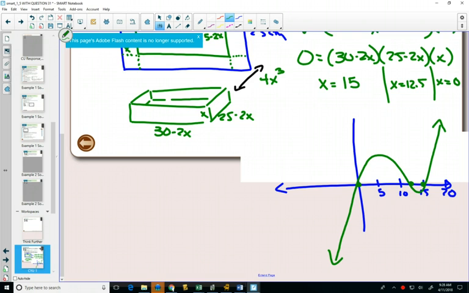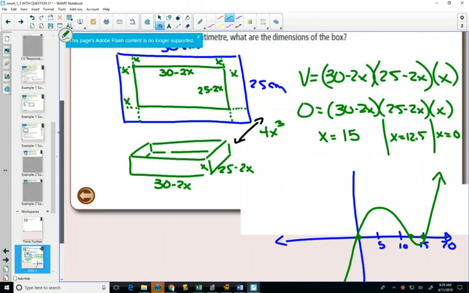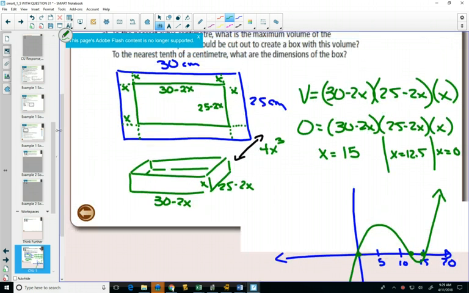What is our domain? Now, the domain of that graph is everything, x ∈ ℝ. But the domain in this question can't be everything because we're dealing with a real-life problem. You can't have a box with a negative height. That doesn't make sense. You also have to realize what would happen if I cut out a square of size 15?